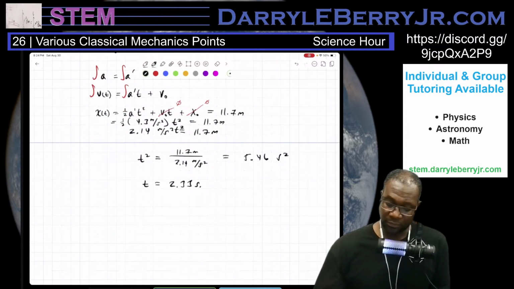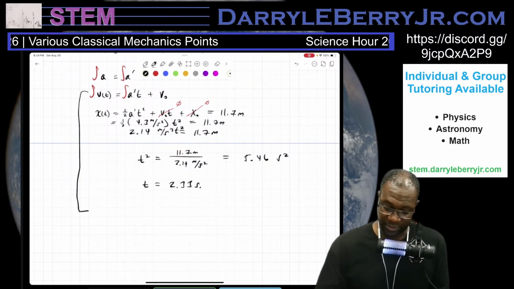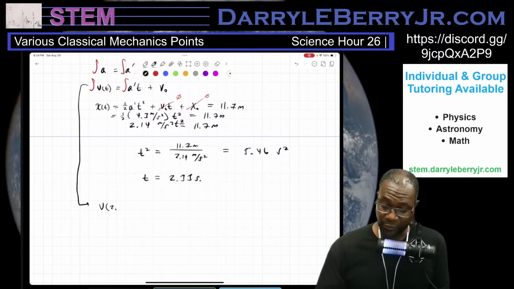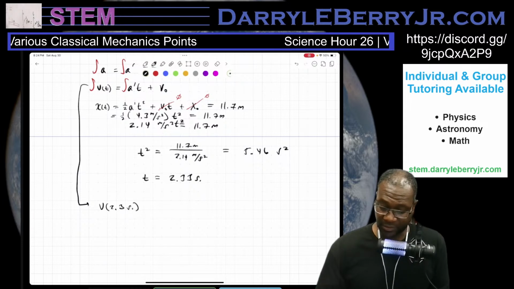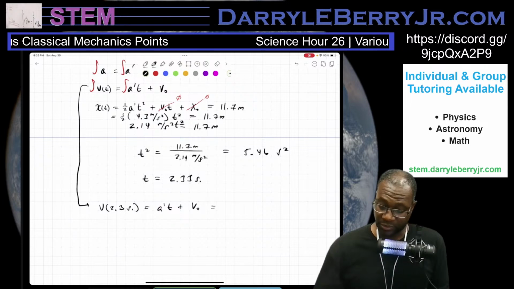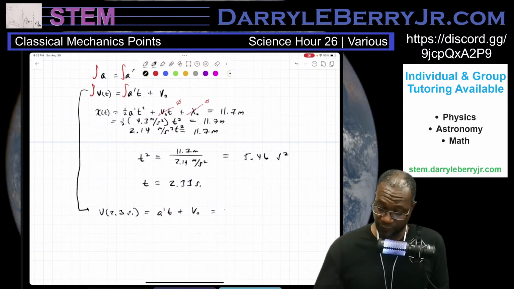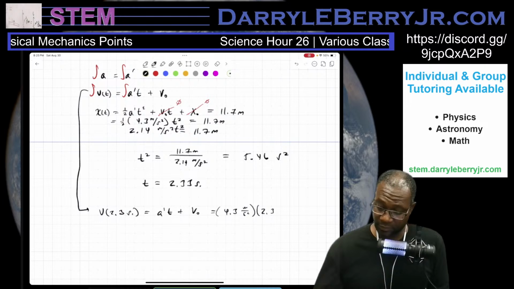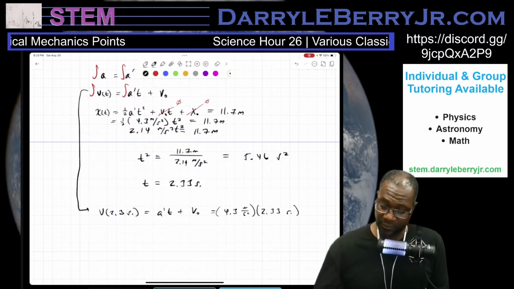So now I can go ahead and do like I said and plug this into here. And we can say V at 2.3 seconds equals a prime t plus v naught, which equals 4.3 meters per second squared times 2.33 seconds.